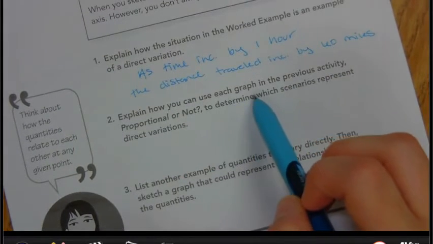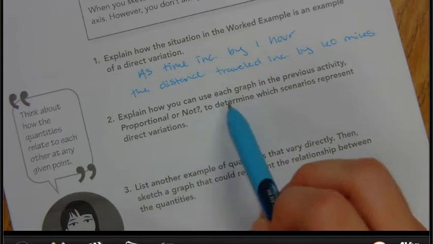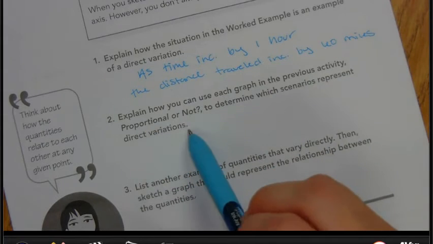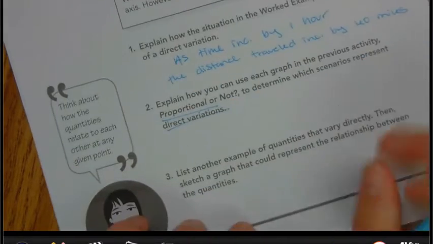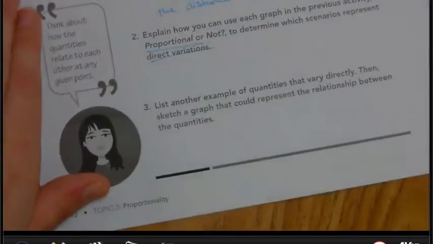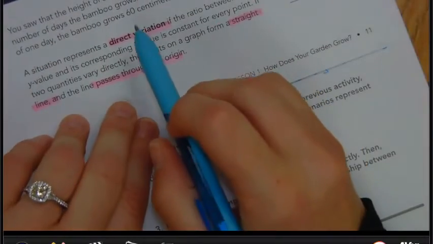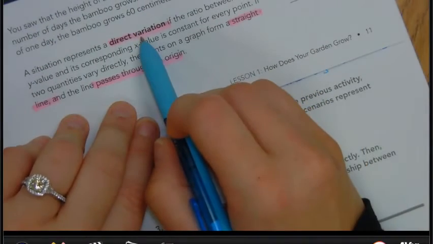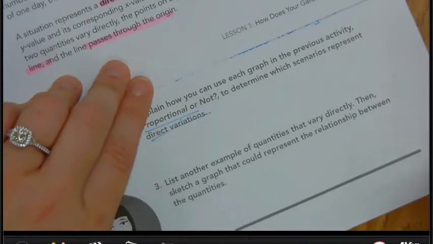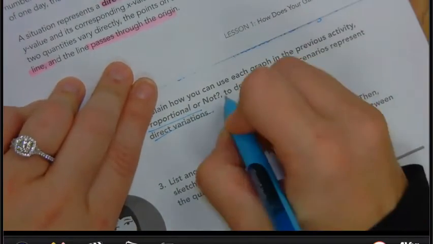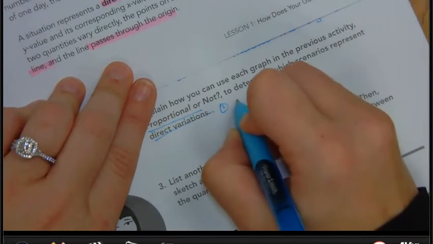Explain how you can use each graph in the previous activity to determine if it's proportional or not, to determine which scenarios represent direct variation. Okay, so direct variation deals with proportional graphs. All right, and that's where our statement of direct variation comes into play. To be direct variation, or to vary directly, it needs to be a straight line and pass through the origin. So I like to say there are 3 rules that you need to have in order to be proportional and have direct variation.